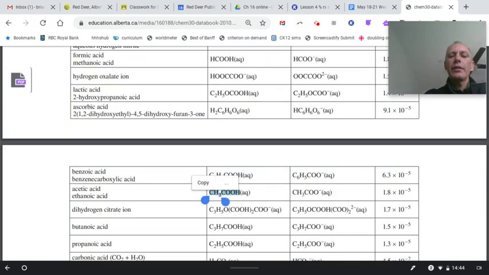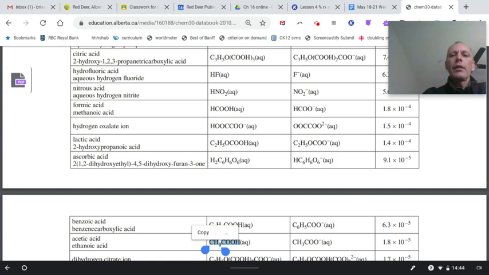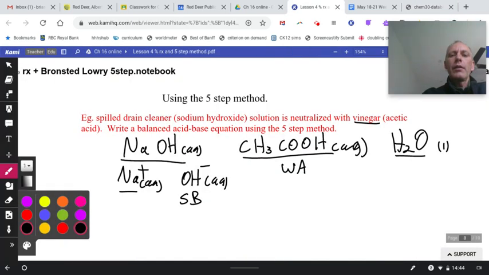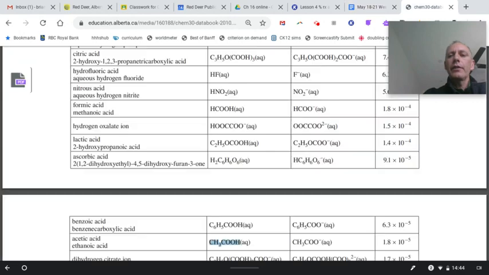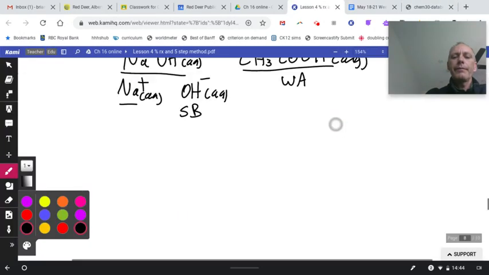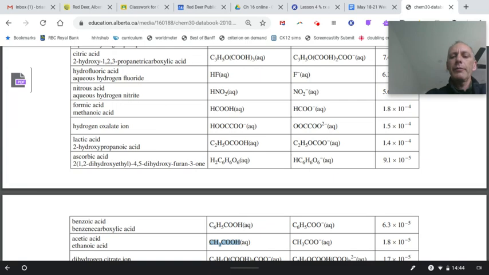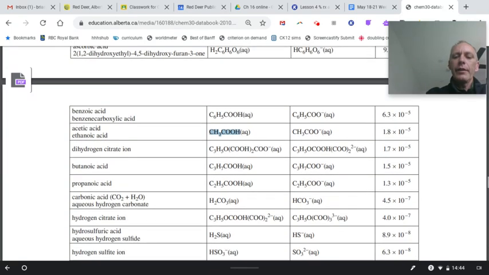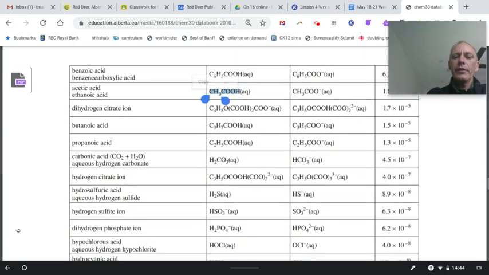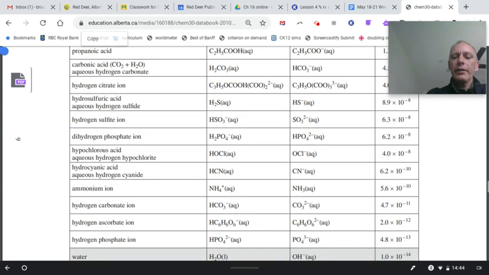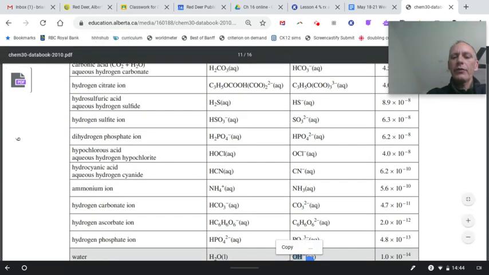CH3COOH and hydroxide, which is our strong base, which is way down here at the bottom of the table. I'm just jumping all over the place. Okay, so there's our acetic acid or vinegar, and here's our hydroxide as a strong base.